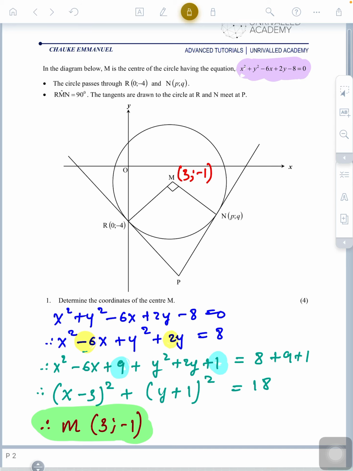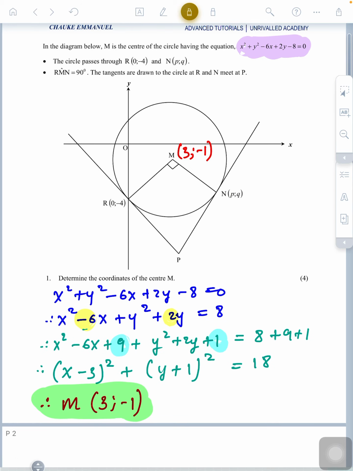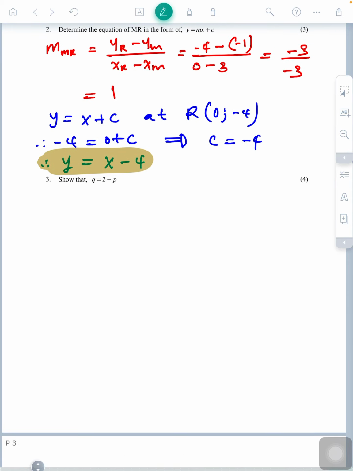Okay, I was saying then, well, let us look at what we have. We have got the gradient of MR, which is 1, and MR is perpendicular to what? To MN. So I'm going to write that for me, so that it helps me.